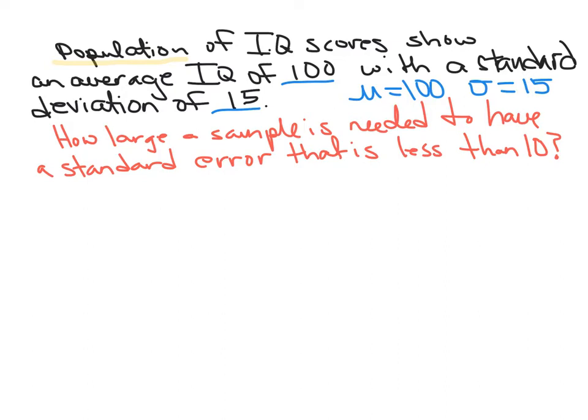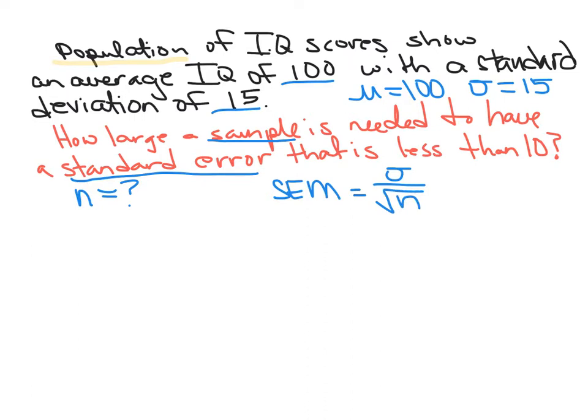First of all, we're looking at how large a sample. Sample is n, so we don't know; we're wondering how large that's going to be. And then standard error. Standard error is basically the same thing as standard error of the mean, and our equation for that is the population standard deviation over the square root of sample size.